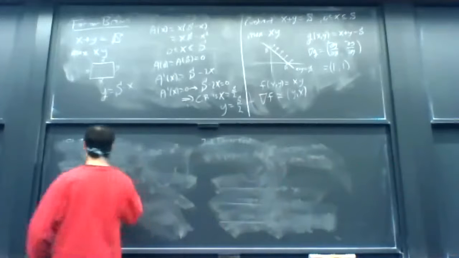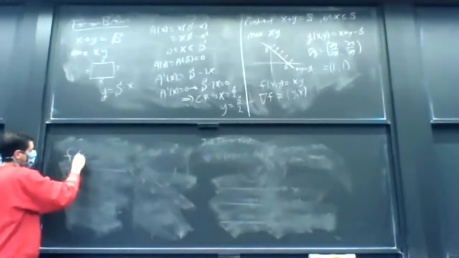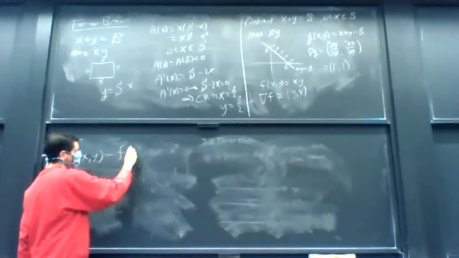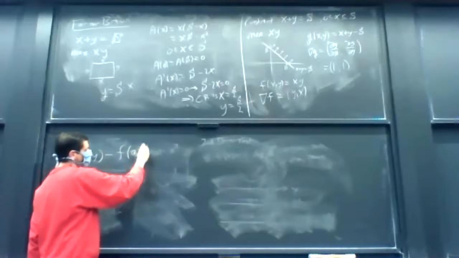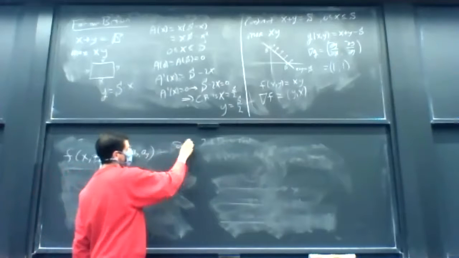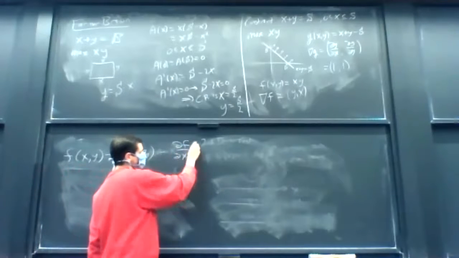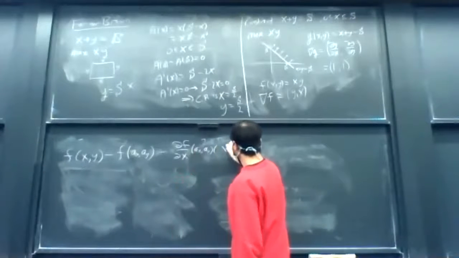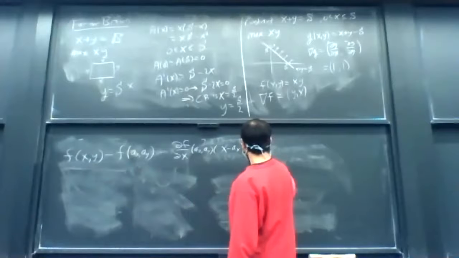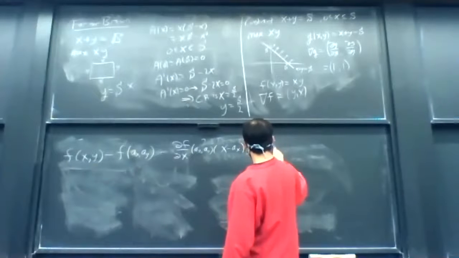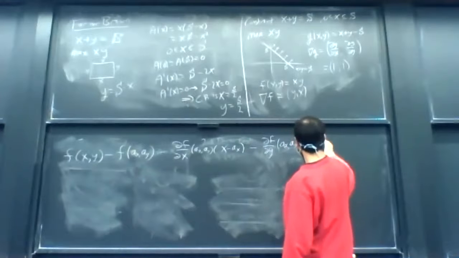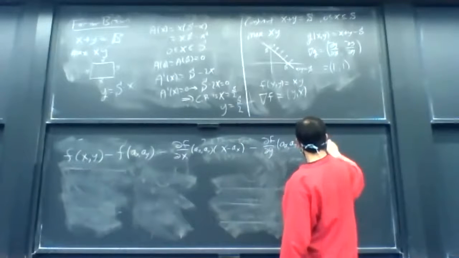So if we think back to the tangent plane, f of x, y minus f of, say, a_x, a_y, minus df/dx at a_x, a_y times x minus a_x, minus df/dy at the point a_x, a_y times y minus a_y.